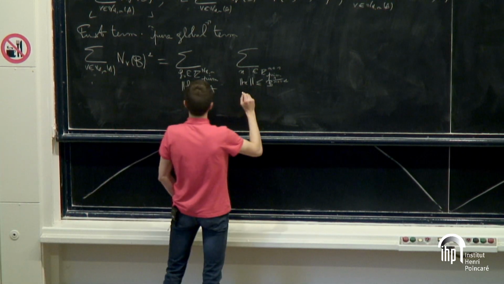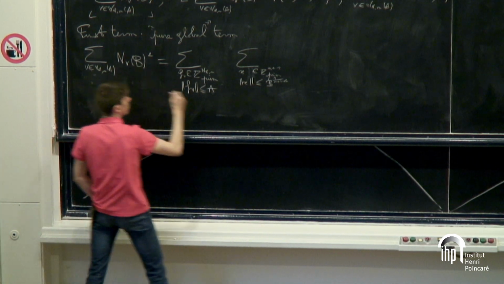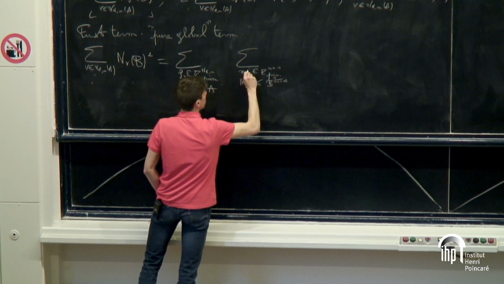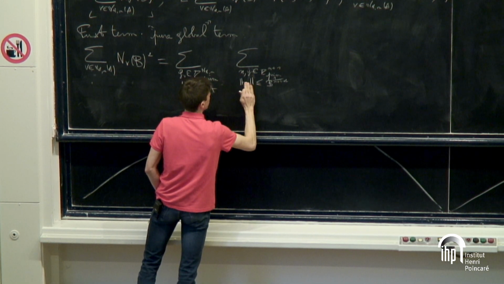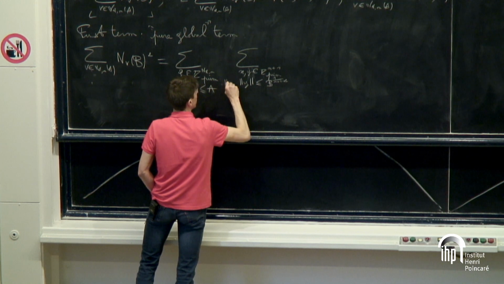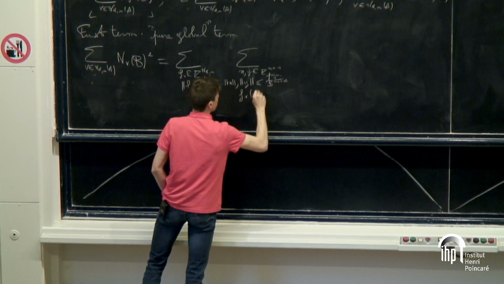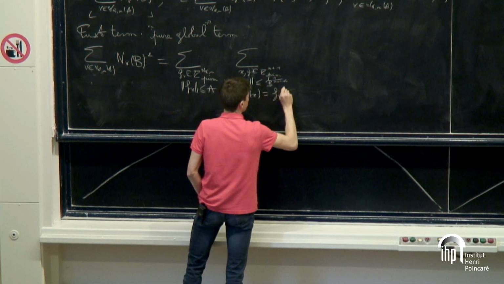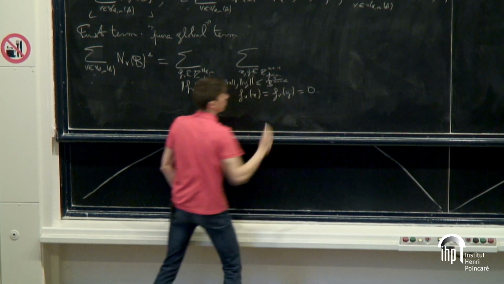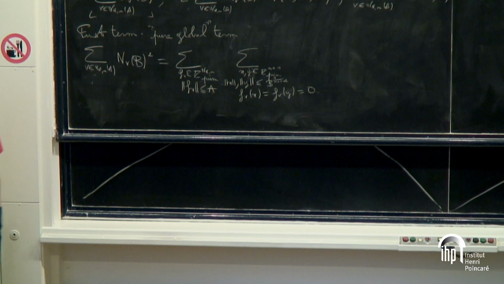And there's a square here. So actually there's also a sum over y, like that. And I want, of course, F_V of x to vanish and F_V of y to vanish, because x and y are rational points on V.